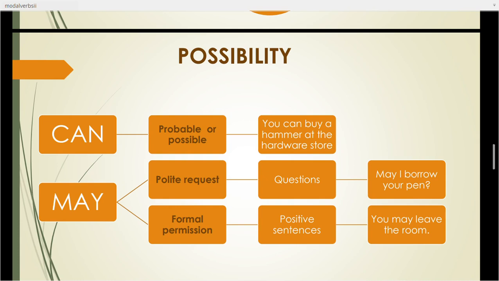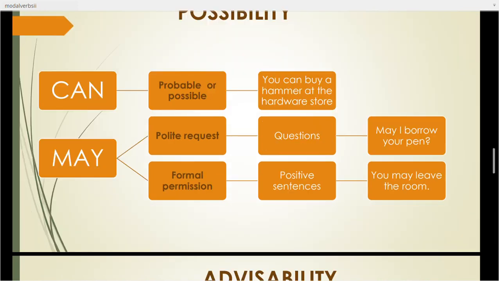Okay, one example for can is, you can buy a hammer at the hardware store. In may we have polite requests and formal questions. For example, may I borrow your pen? And formal permission is represented by positive sentences. One example would be, you may leave the room.